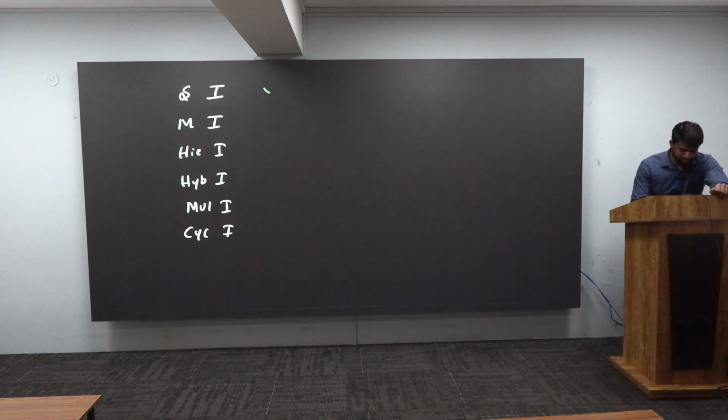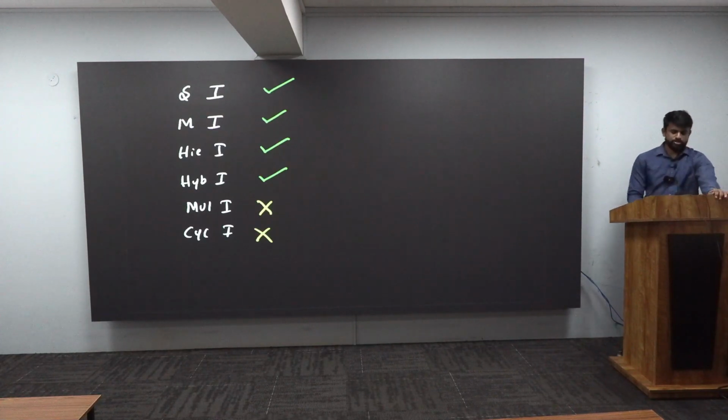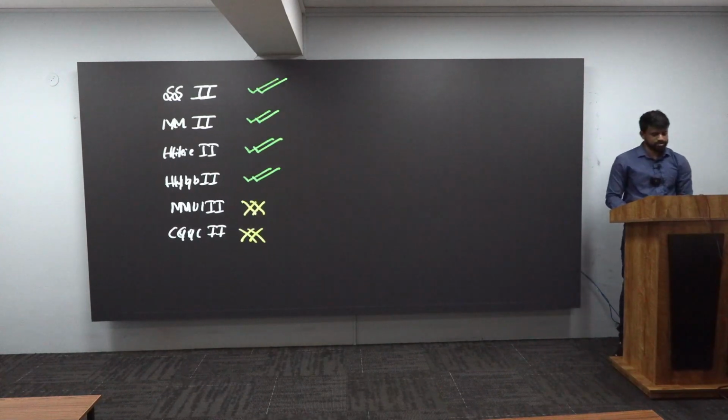Out of that, single level will work, multi-level will work, hierarchical will work, hybrid will work, multiple will not work, cyclic also will not work. Got this, all of you? Any doubt in this? So these are the types of inheritance in Java.